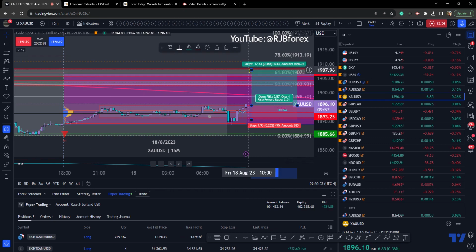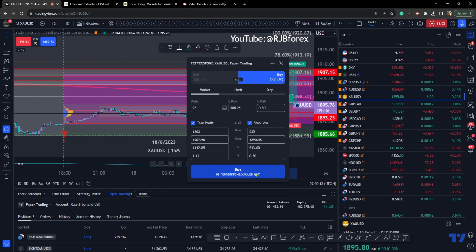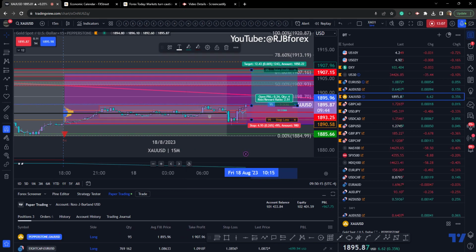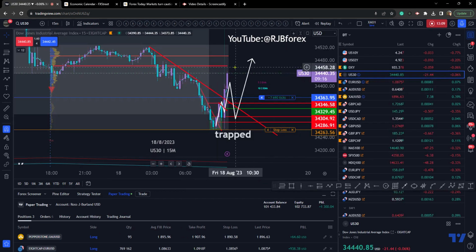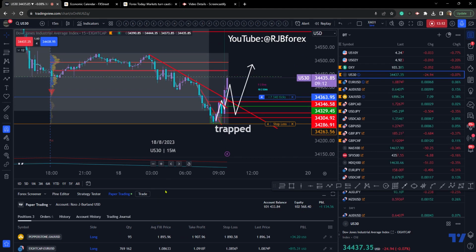Going up, we're going up. Just going to scalp out this. Let's just go for it. Scalp that. Now what we're going to do is we're going to start taking some off.